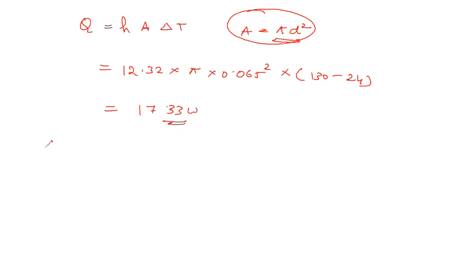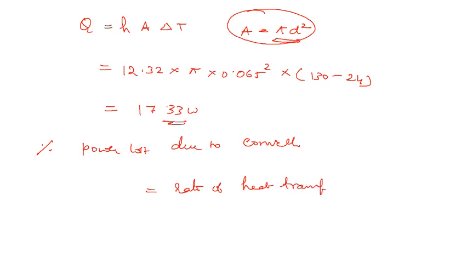To find out the percentage power lost due to convection, we can find the rate of heat transfer due to convection divided by the wattage of the bulb, into 100.